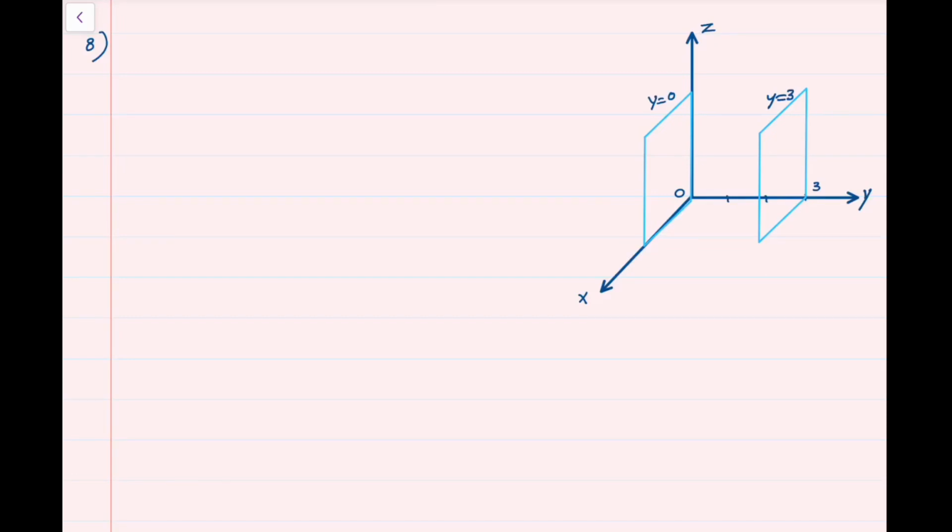We know that if two planes are parallel, only the constant term will be different. Equation of ZOX plane is y is equal to 0. So for parallel planes, only the constant term will be different.